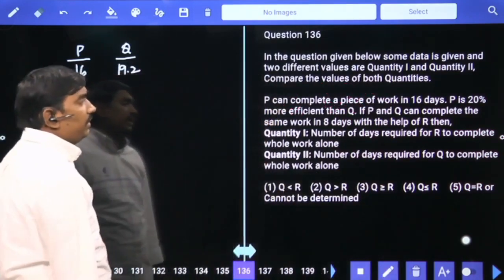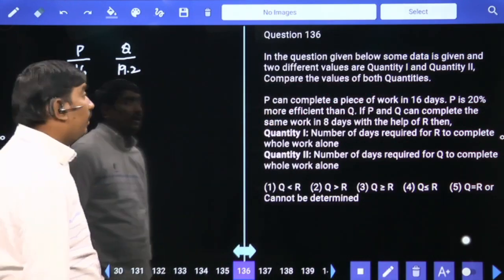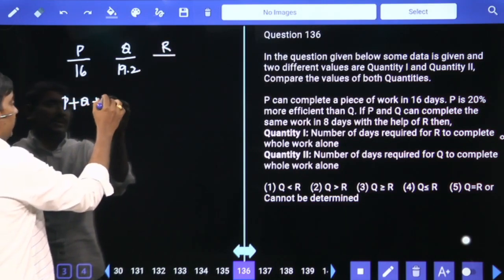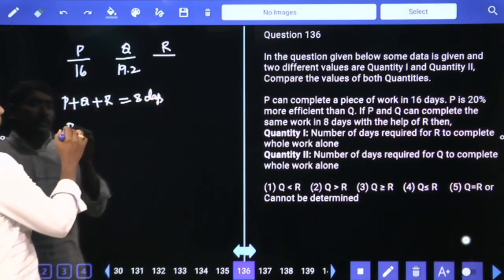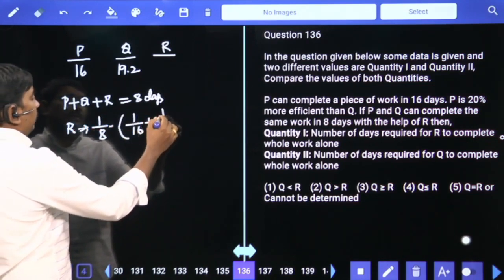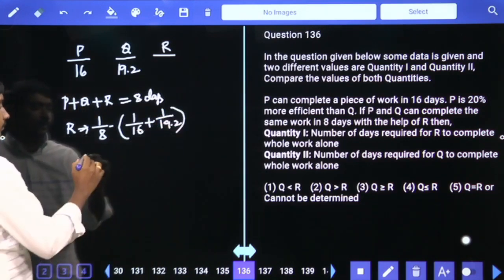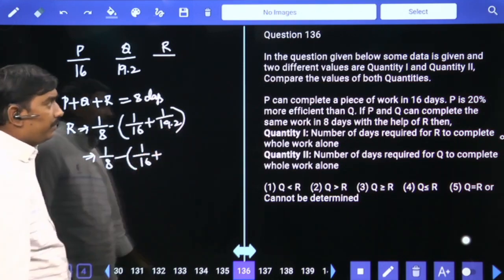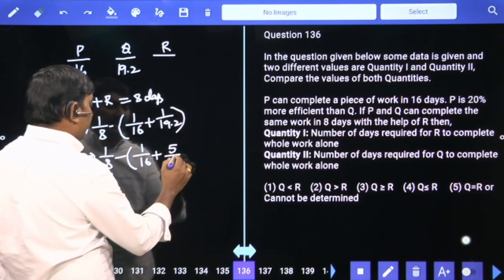Next, P and Q can complete the same work in 8 days with the help of R. P, Q, R together can do the work in 8 days. Then R is how much? Let's calculate. R means 1 by 8 minus of 1 by 16 plus 1 by 19.2 days. 1 by 19.2 is nothing but 5 by 96.